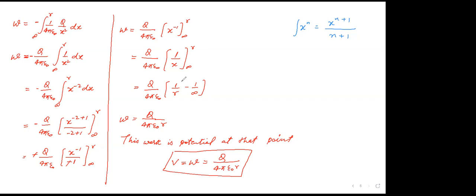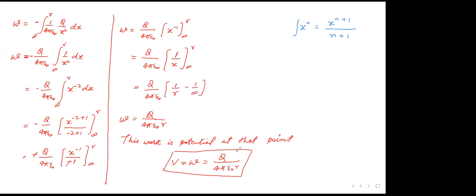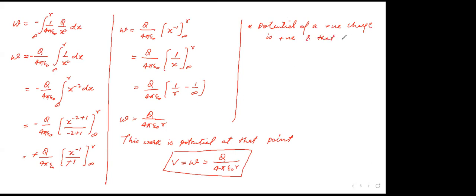Have you noted it? Yes, sir. Good. Next point is also to be written in the same part: potential of a positive charge is positive, and that of a negative charge is negative.